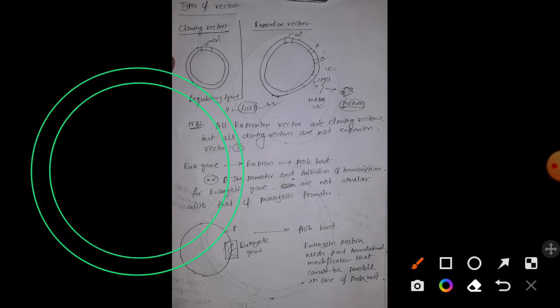Remember, there is no problem adding an origin of replication for prokaryote and an origin of replication for eukaryote, but in terms of promoter, for every gene of interest there should be only one promoter.